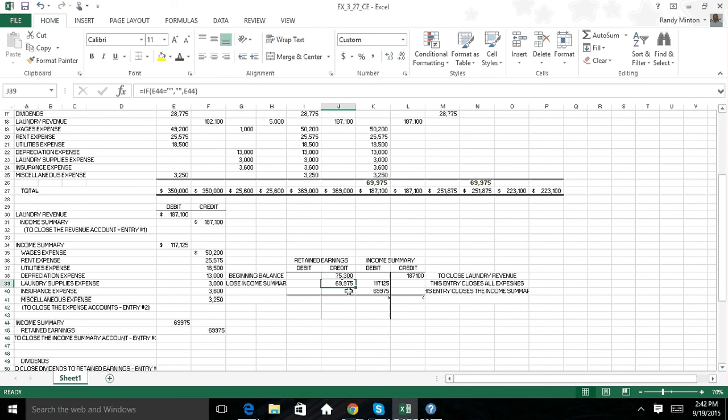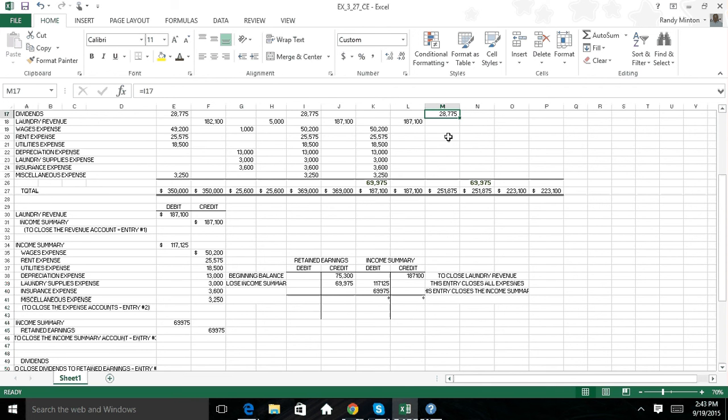We still have one final entry to do, and that is to eliminate the temporary or nominal account dividends. Now, dividends has a normal debit balance, and it's right up here, and you can see that it's actually on the balance sheet side. These are all income statement items, okay? This is a balance sheet item, and so it's over here as $28,875 on the debit side of the balance sheet.